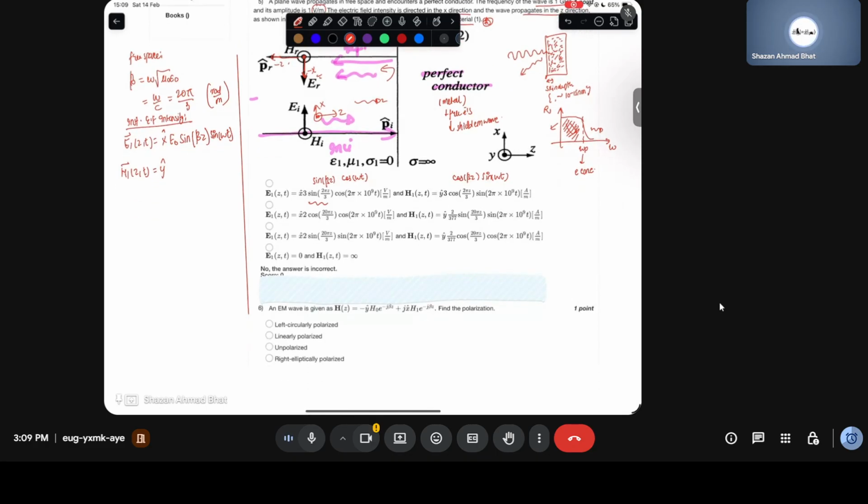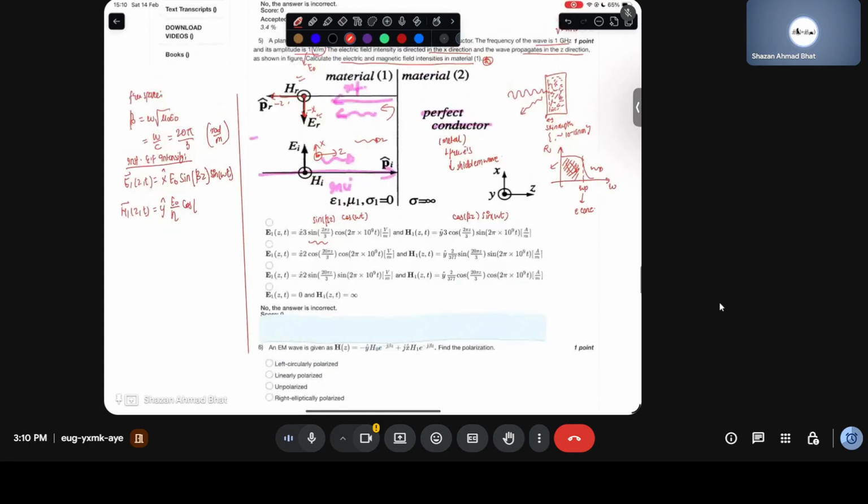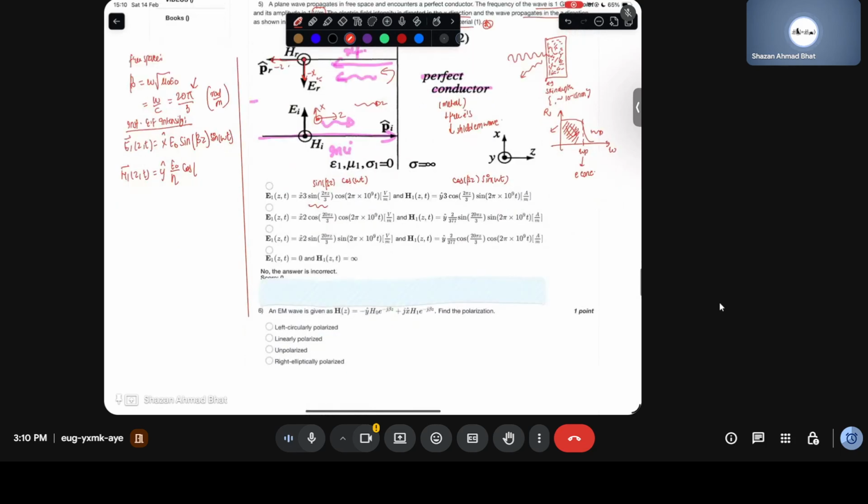So you can write the magnetic field in terms of the electric field as E naught divided by eta, times cos of beta z cos of omega t.